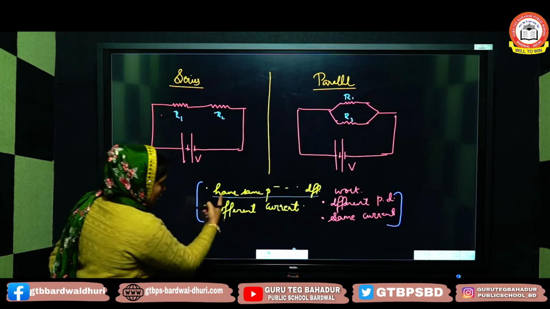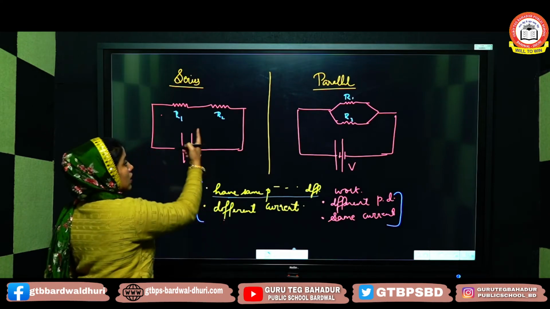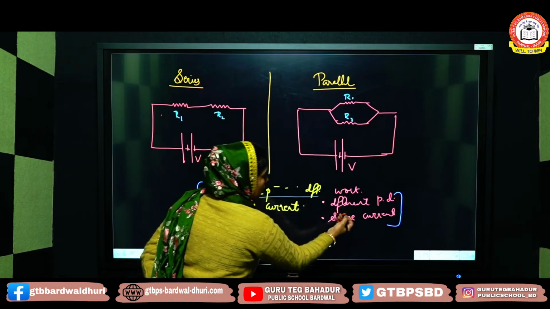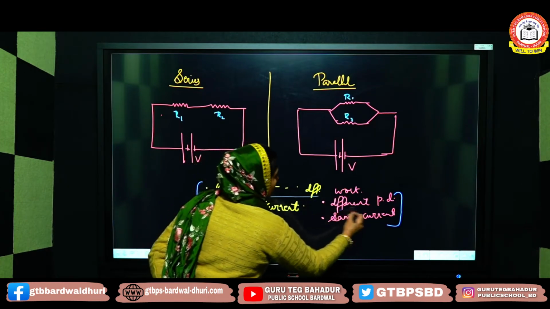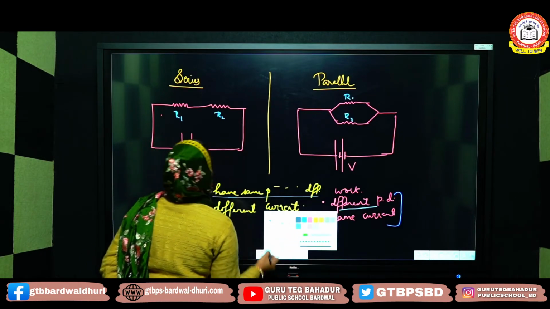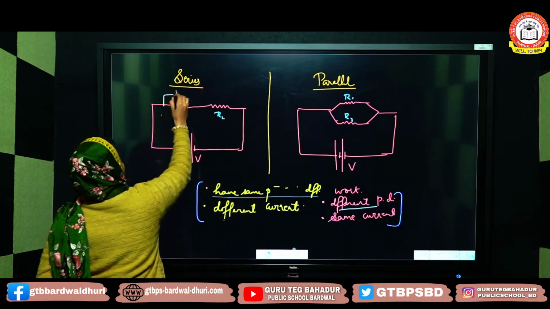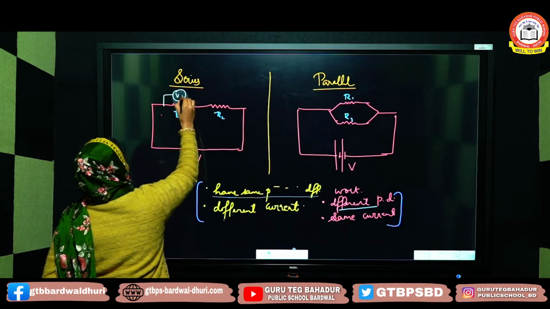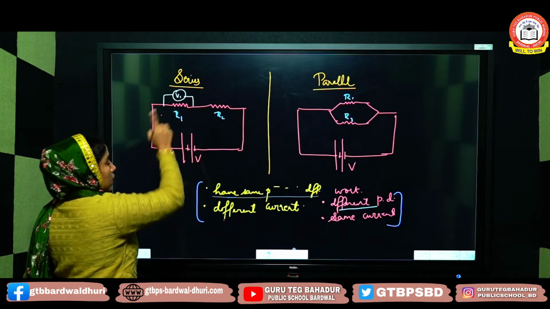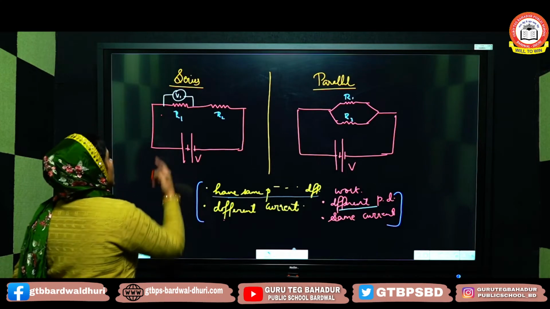Now we will see these 2 points. In series combination, all the resistances have different potential differences. So we'll keep these things in mind. If we connect a voltmeter across R1, then it will measure the potential difference, and let it be V1.